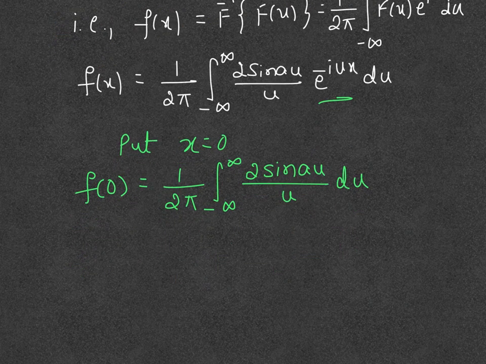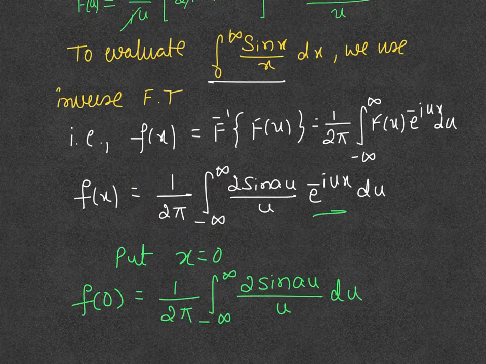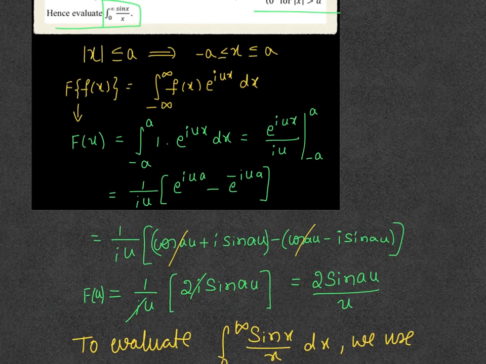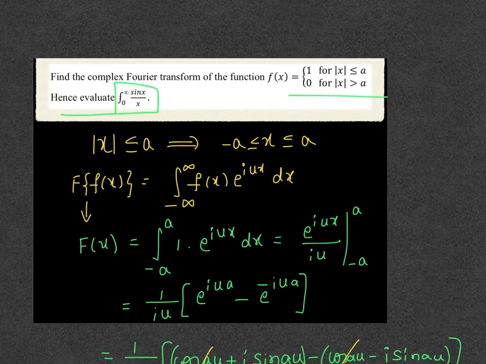So what is f of 0? We know that our function f of x is 1 for modulus of x less than or equal to a, 0 for x greater than a. So 0 lies in the range modulus of x less than or equal to a. So for x equal to 0, the function is 1 only.